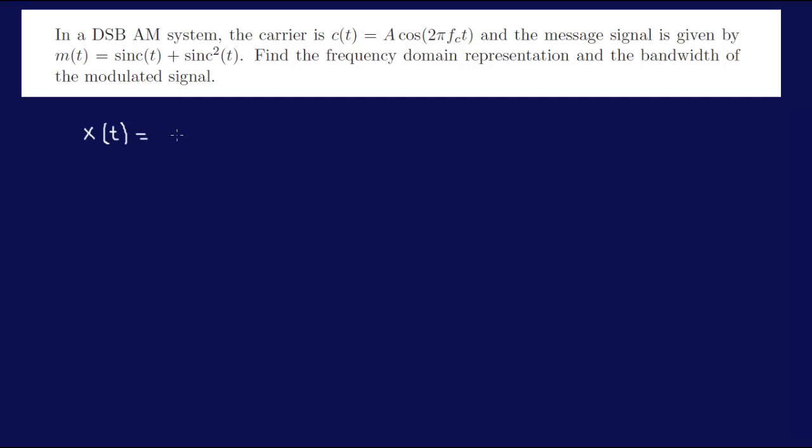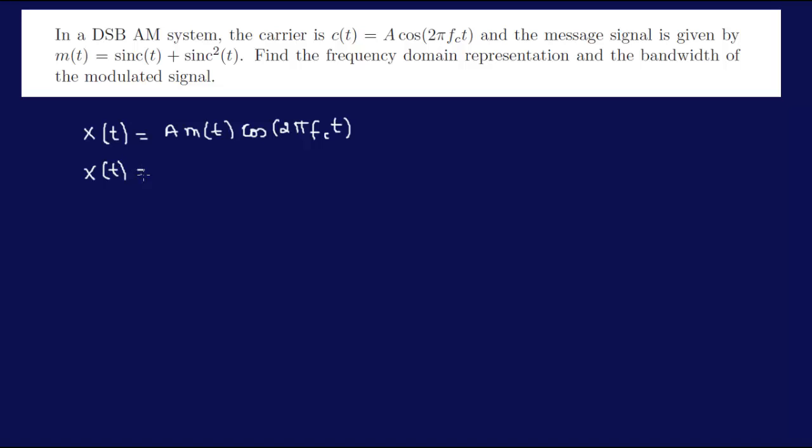So still going to page 204, your x of t is going to be A times your message signal times your carrier signal. So m of t and your carrier signal is cosine of 2 pi fct. Of course, we're going to multiply that over there.